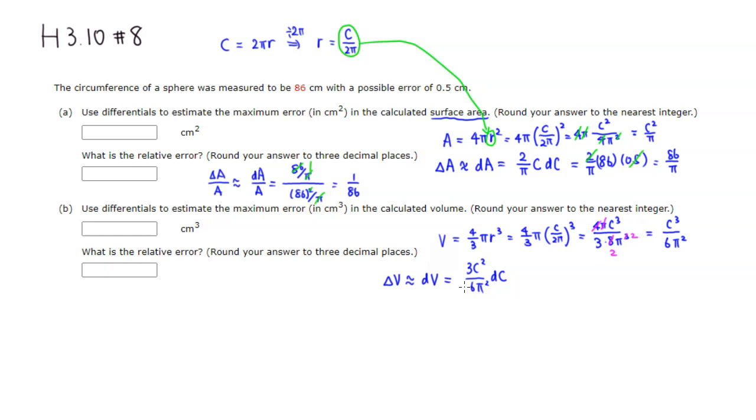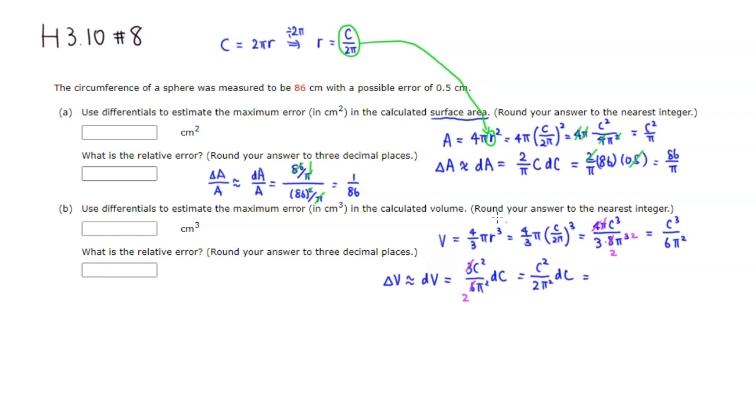So we have that, then we just have to plug it in. Actually we can simplify a bit, right? So 3 and 6 cancel out, 2 left over. So we have c squared over 2 pi squared dc, right?